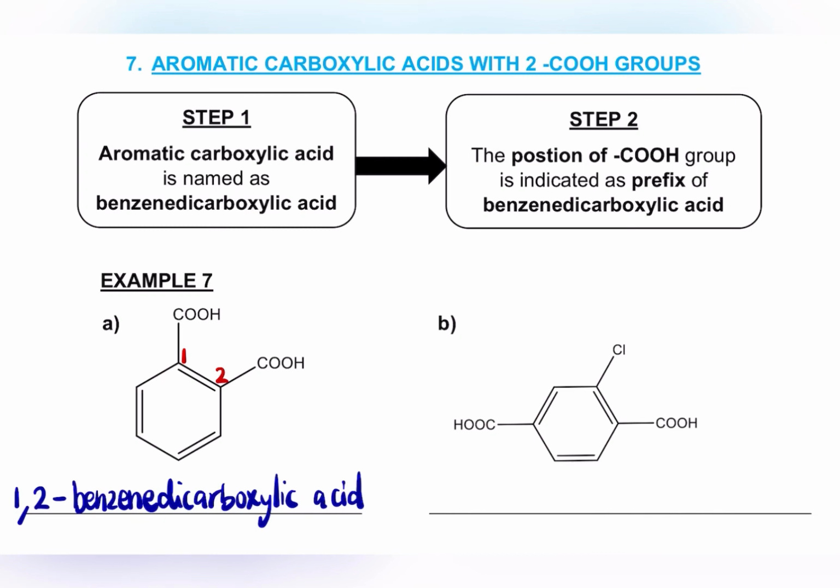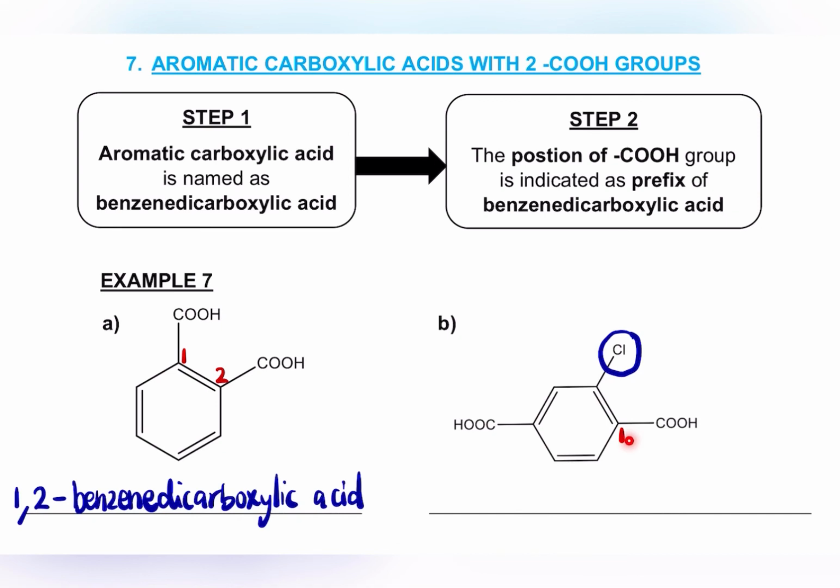What I have here is just the same as structure A, but the difference is the presence of Cl atom. So, in order for you to give the numbering for this case, I'm going to start my numbering number 1 at this carboxyl group, because Cl is much closer to this side. If I start here as 1, Cl will be at position carbon number 3, so it's quite far.